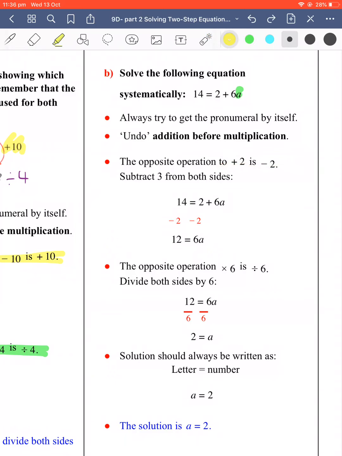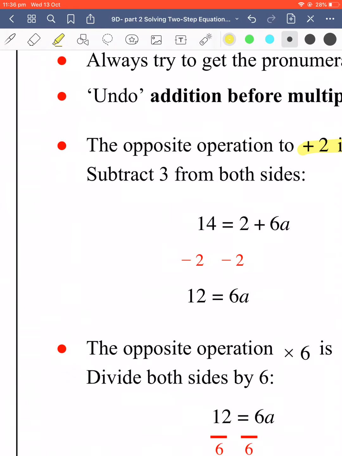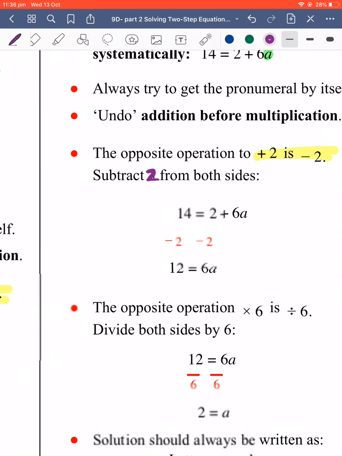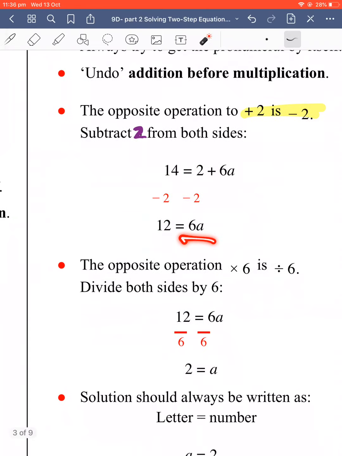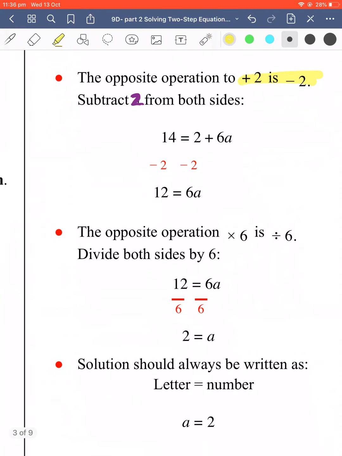Let's make that a nice colour. Is minus. So I'm going to subtract 2 from both sides. So 14 minus 2 is 12. And 2 minus 2 plus 6a gives me 6a. Now I have my second step, which is multiplied by 6.